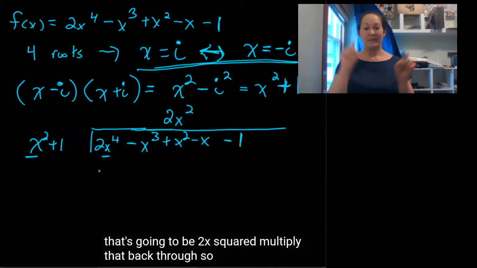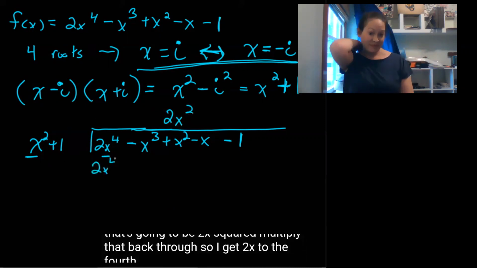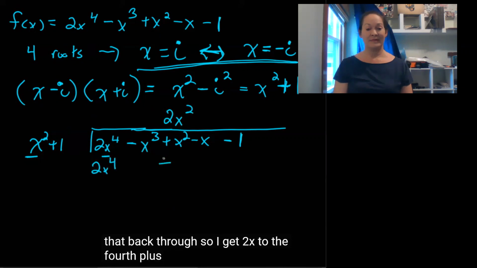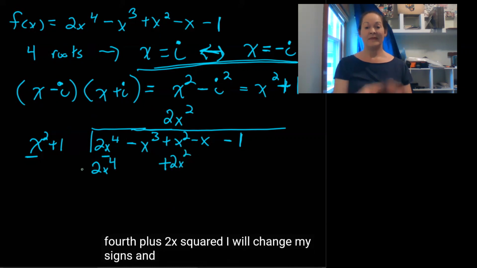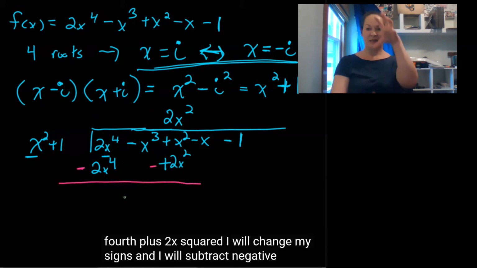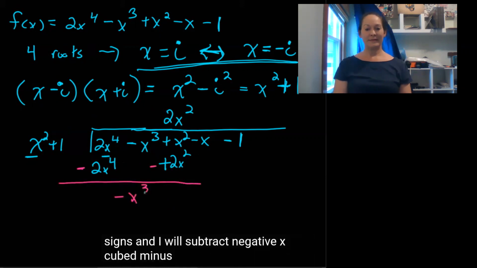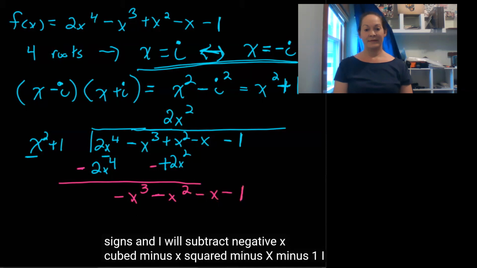Multiply that back through. So we get 2x to the fourth plus 2x squared. I will change my signs, and I will subtract. So we get negative x cubed minus x squared minus x minus 1.